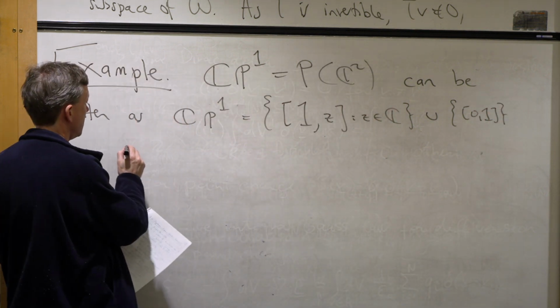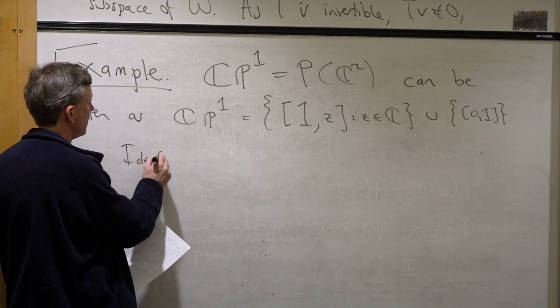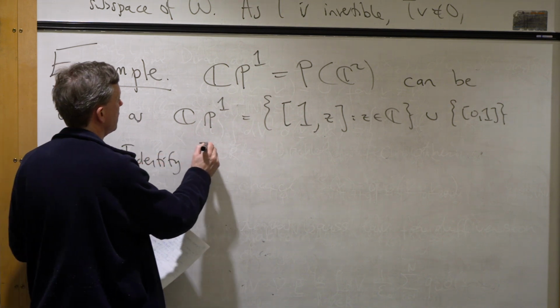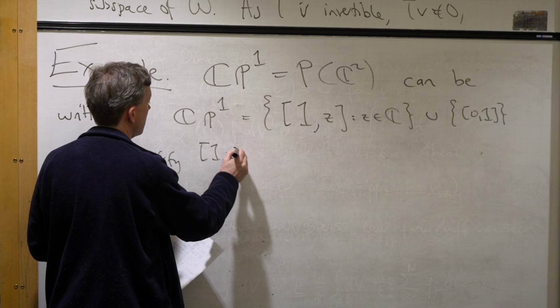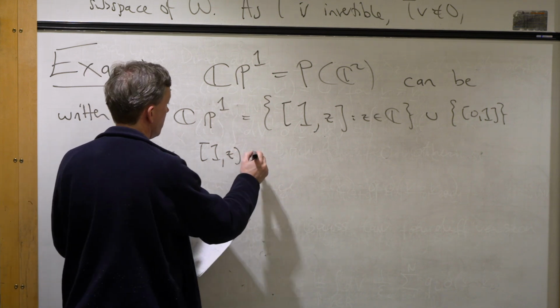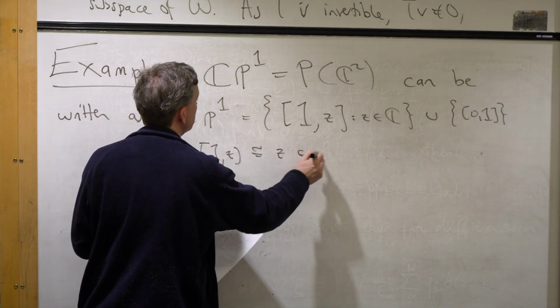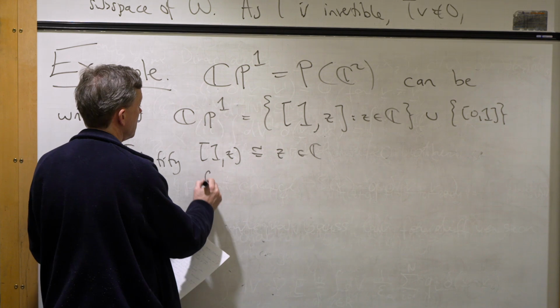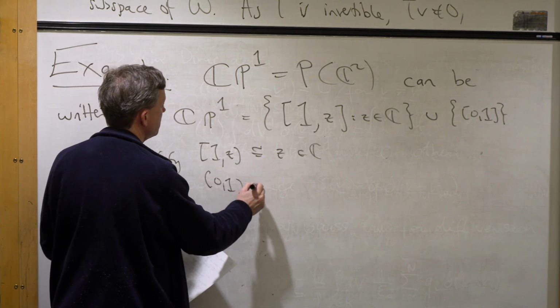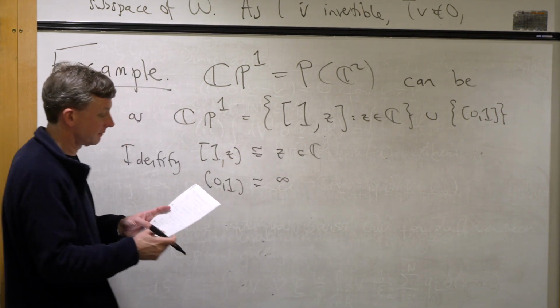And we identify the point [1, z] with the complex number z in C, and we write [0, 1] as the point infinity.